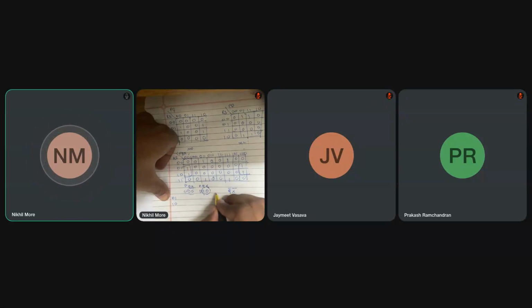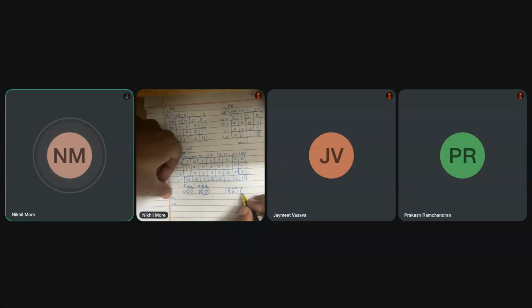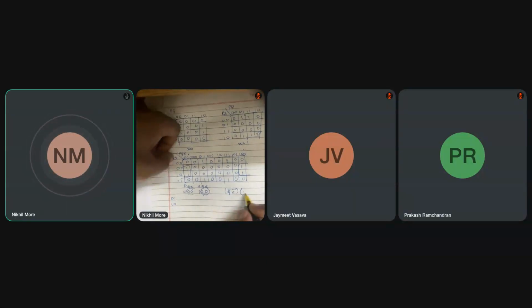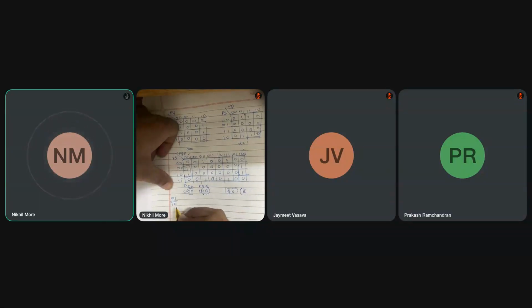It means 0, 1 for R and S. So R is R bar if we are considering this term, which is R and S. So it should be R bar and S plus.